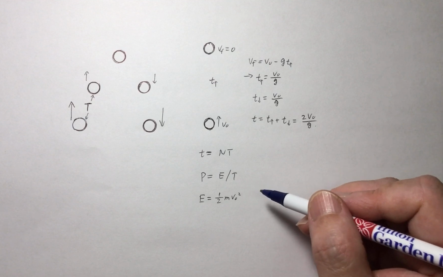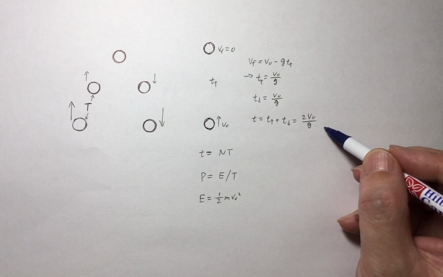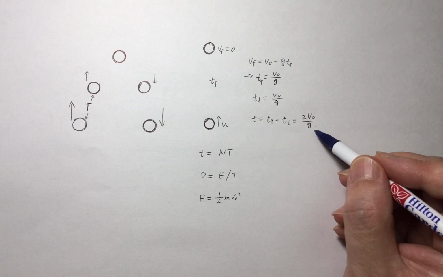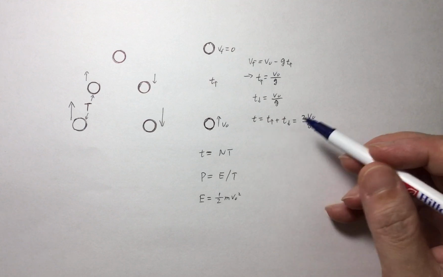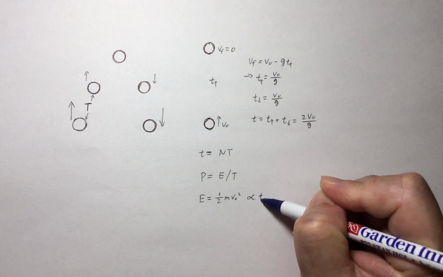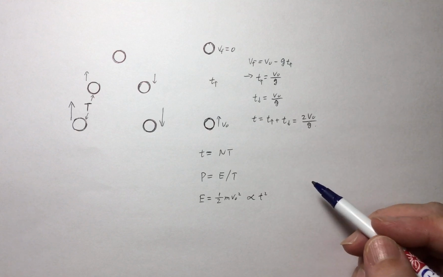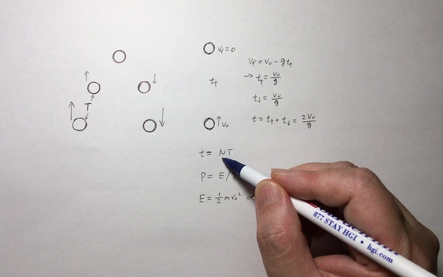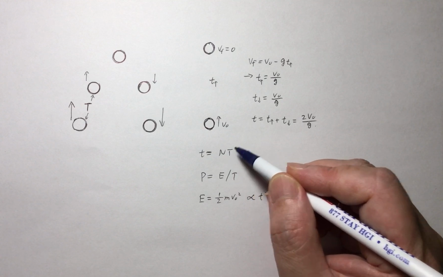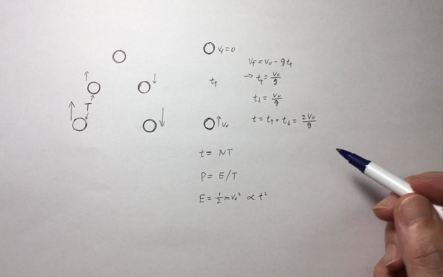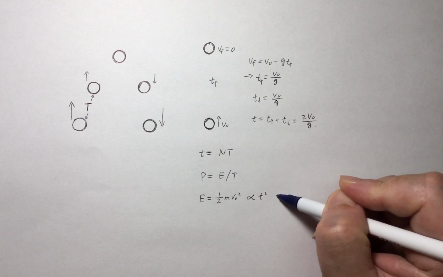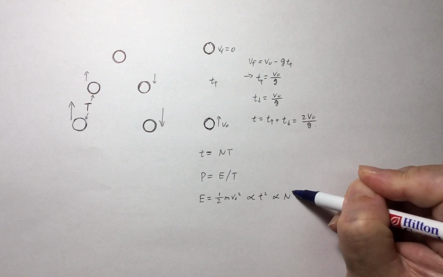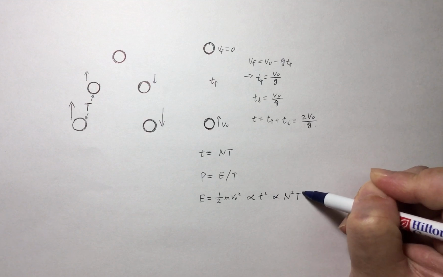So this is proportional to t squared, from this equation. And we know that t is equal to n times capital T. So this is further proportional to n squared T squared.